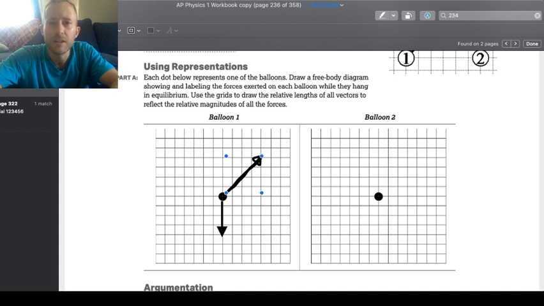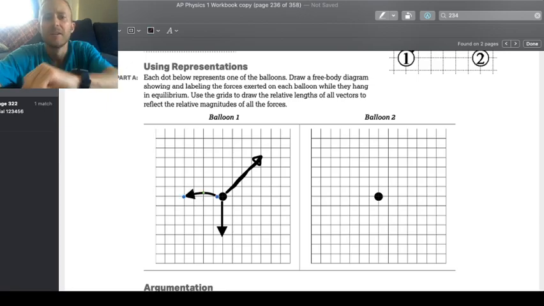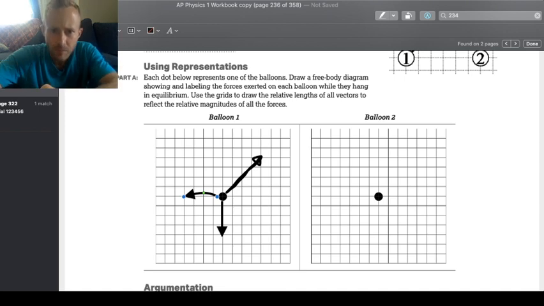So that's the tension. And then we also have the electrical repulsion like this. So that's supposed to be a straight line.